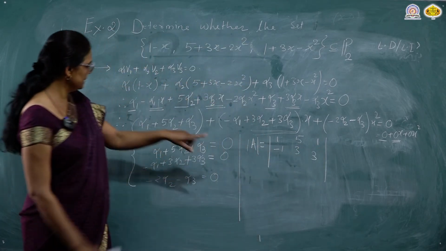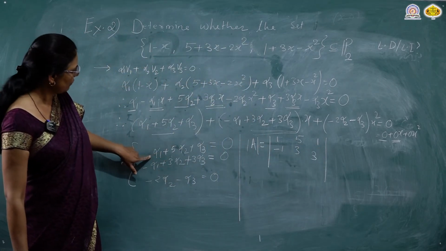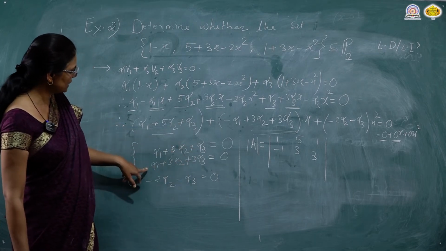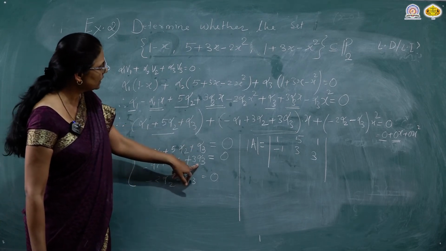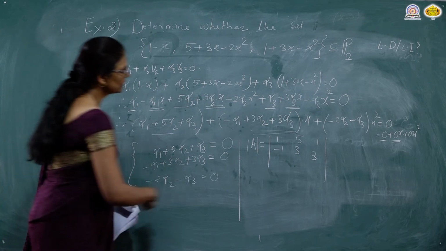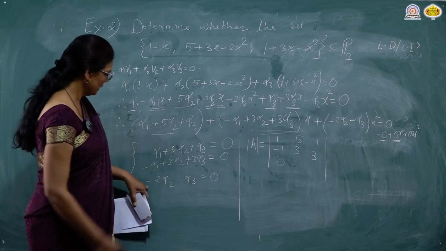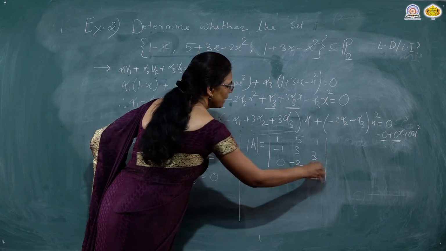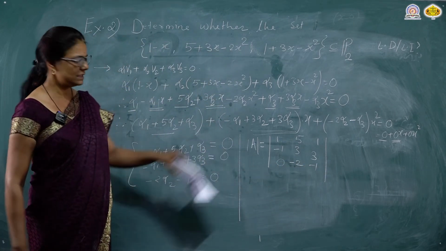So the first row coefficients are 1, 5, 1. In the second row write these coefficients minus 1, 3, 3 again. And here the alpha 1 term is absent, so the corresponding coefficient is 0. Next are minus 2 and minus 1. Now solve this determinant.